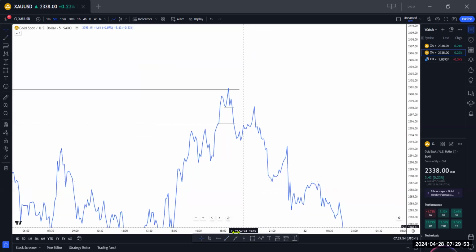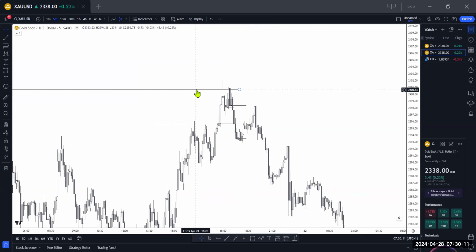Okay. I'm going to use the buy side, right? This is the first breakout on the buy side. This is the second breakout on the buy side. Okay. So this gives me an idea that this SNR level is a good place to trade from.